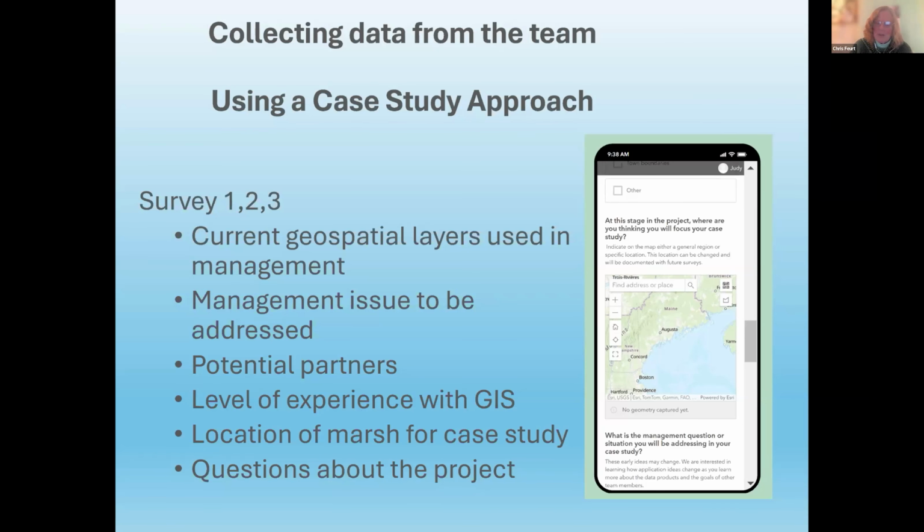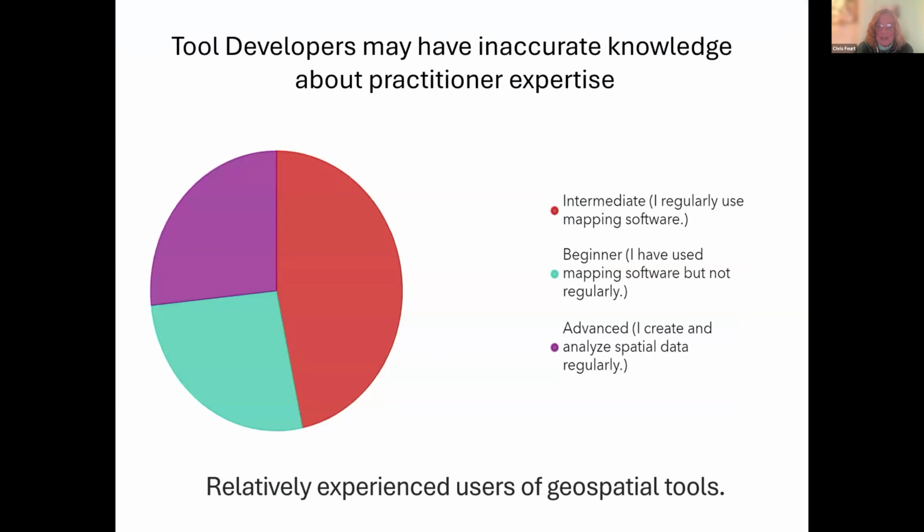And we asked them, what's your level of expertise and experience with GIS? Where are you going to apply the tool? And then questions about their project. So at all times, the application of the tool was related to something they're working on right now. And that made all the difference, as people are so busy.